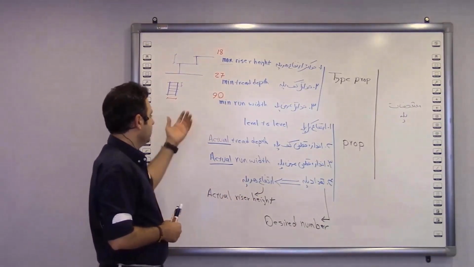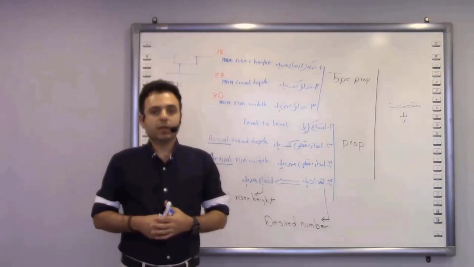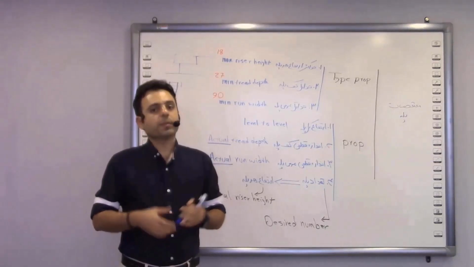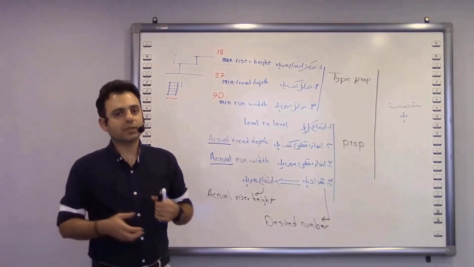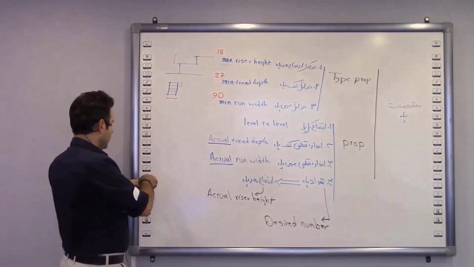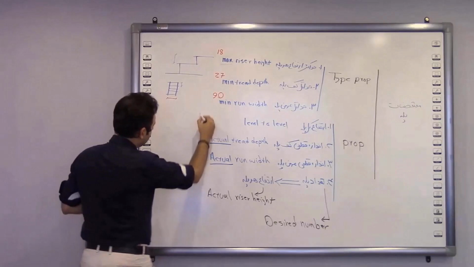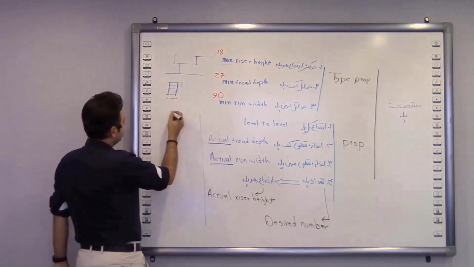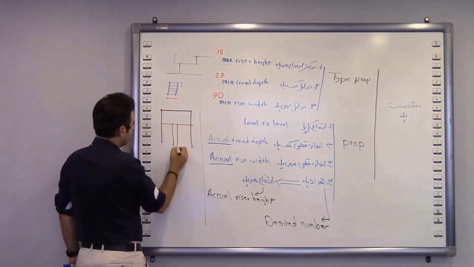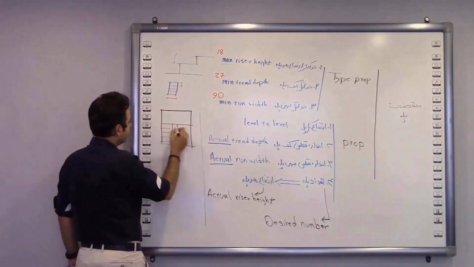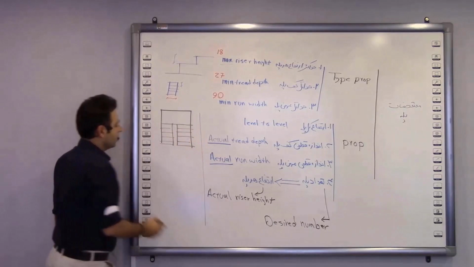So, in order to learn this completely, first of all, I draw an example here. And after that, we will go to Revit so that we can understand it better. So, to start, let's draw these stairs first. And don't pay attention to my drawing, just pay attention to the parameters that I give you.